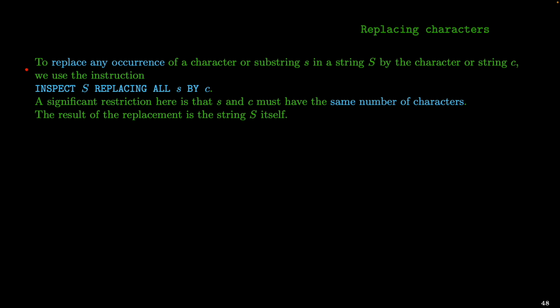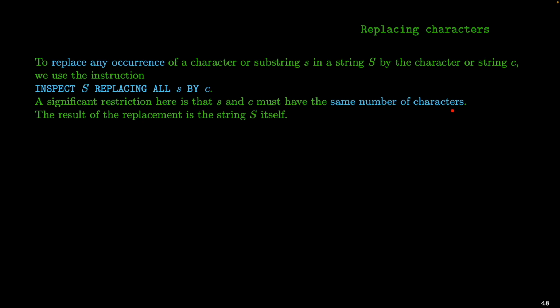We can also use the inspect instruction to replace any occurrence of a character or a substring in a given string. So again, our character or substring is a lowercase s, our string will be a capital S, and we can replace it by a given character or string c using the instruction inspect S, replacing all lowercase s by lowercase c, with the restriction that s and c must have the same number of characters.